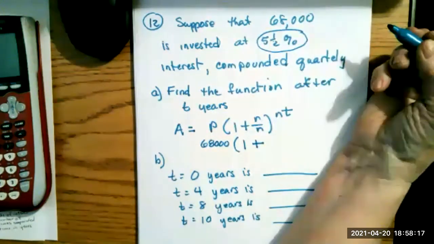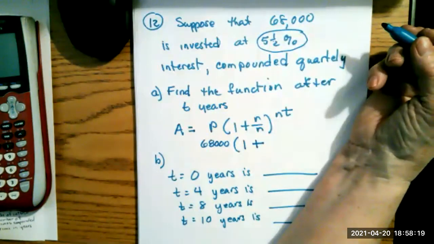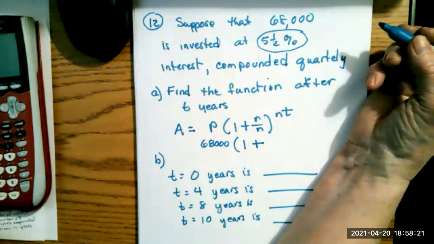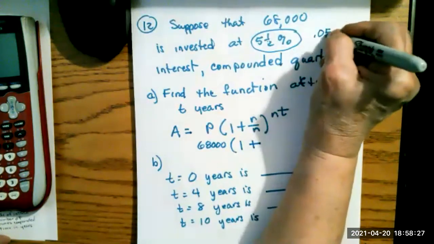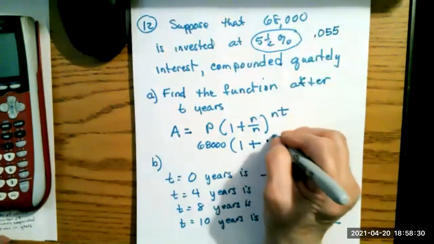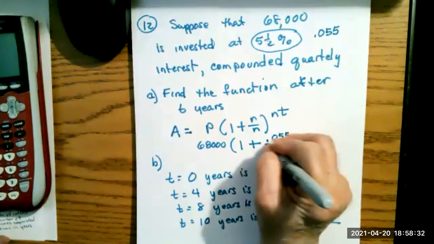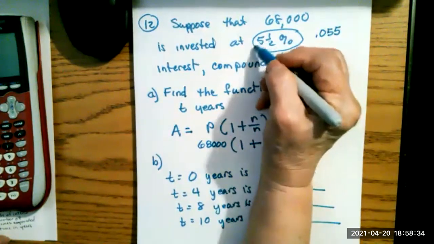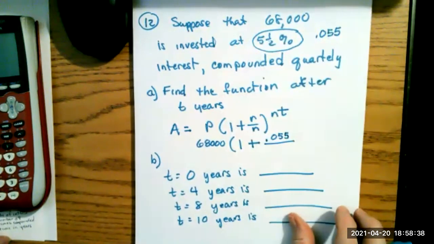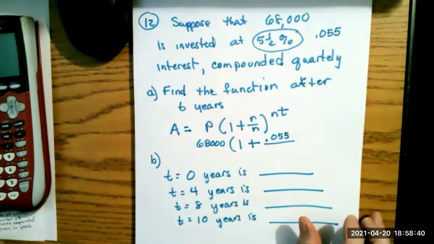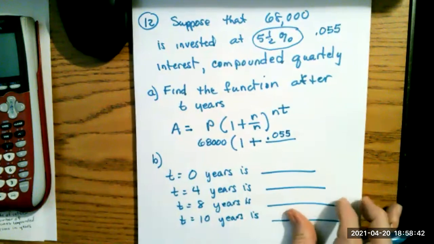How are we going to write that in decimal form? 0.055. You move the decimal point 2 places, and that half is a 5. Percent means hundredths.